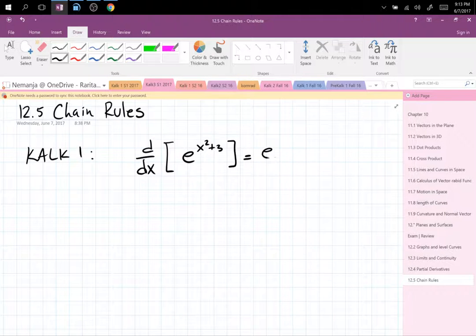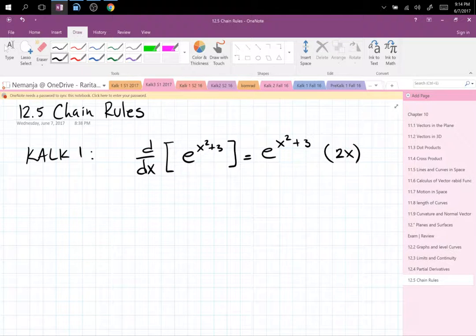So the derivative would be e to the x squared plus 3 and then times 2x, which is the derivative of the inner function, if you want to say. And that was it.